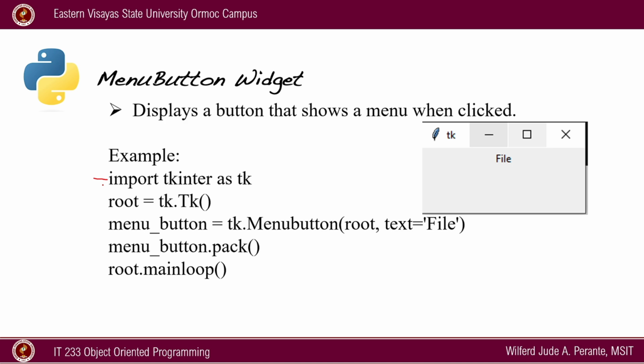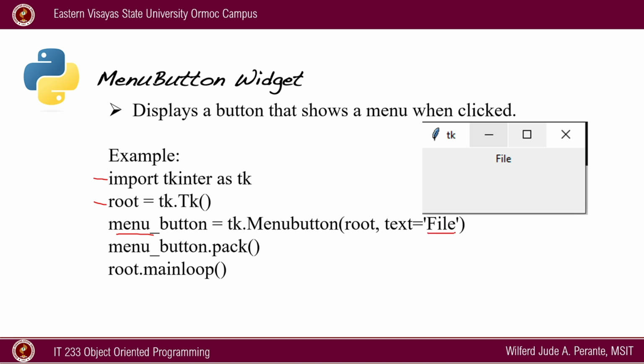Our TKinter library and our root TKinter main window, and the menu button is equal to tk menu button with the text equal to file. So this creates our menu button widget labeled file.